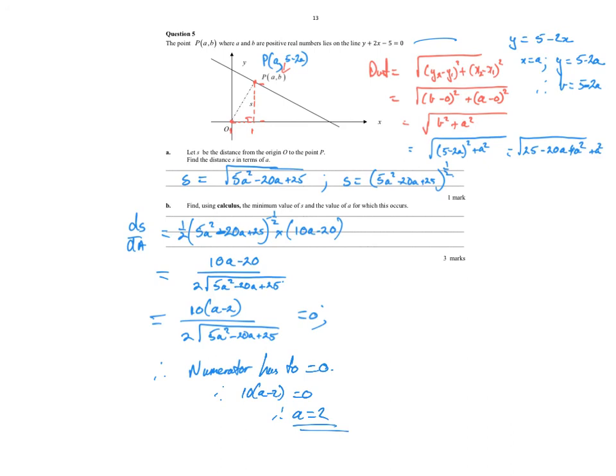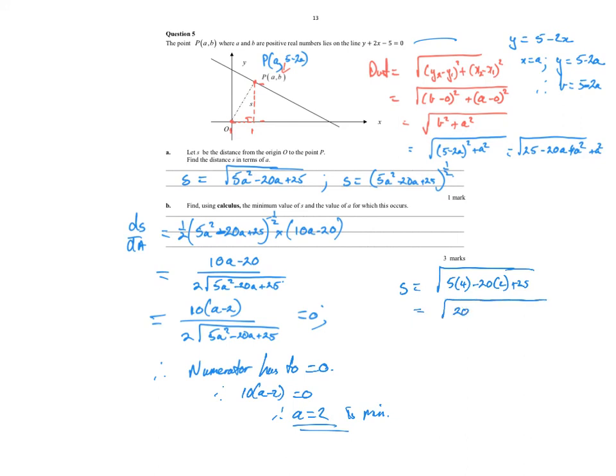So at a equal to 2, I've got to work out what s is equal to. There's my rule for s. a equal to 2 is the minimum. So s is equal to the square root of 5 times 2 squared, which is 4, minus 20 times 2 plus 25.